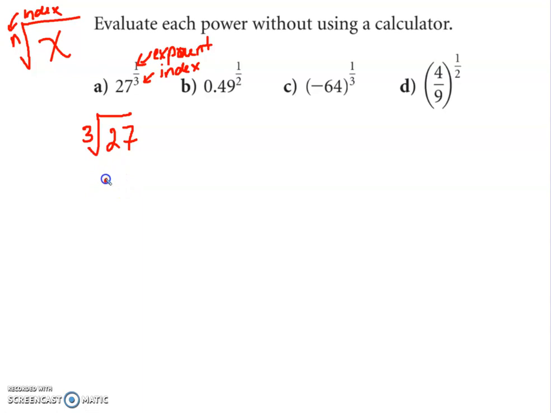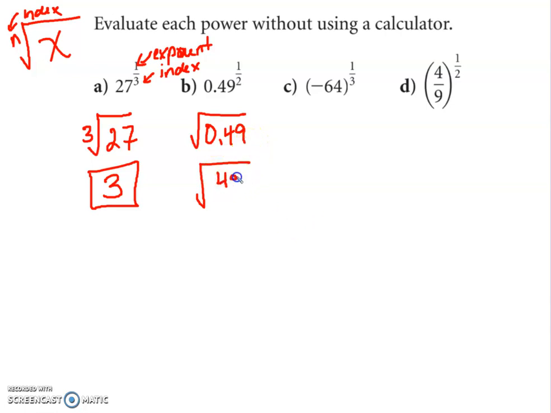And the cube root of 27 is 3. So we have evaluated or calculated the answer here. Here we have the exponent of 1 and the index of 2. So we're looking for the square root of 0.49. Again, you're very welcome to rewrite 0.49 as a fraction, because this is 49 over 100, because it ends in the 100th decimal spot.